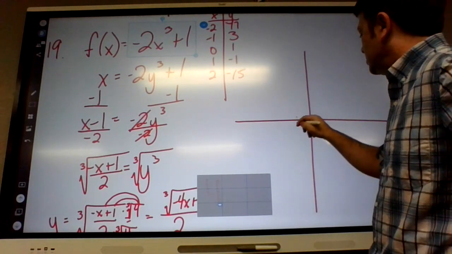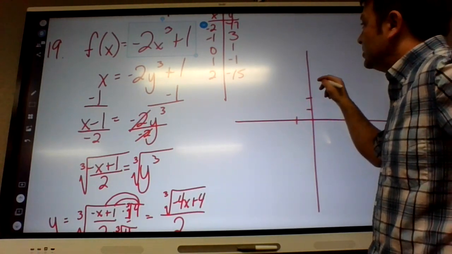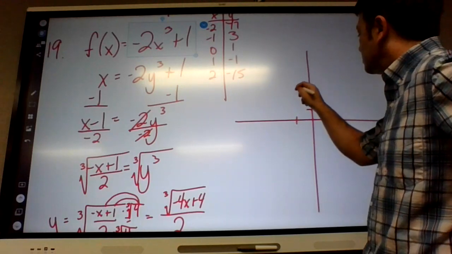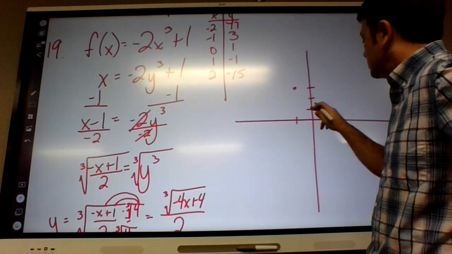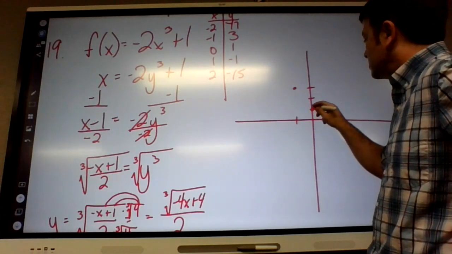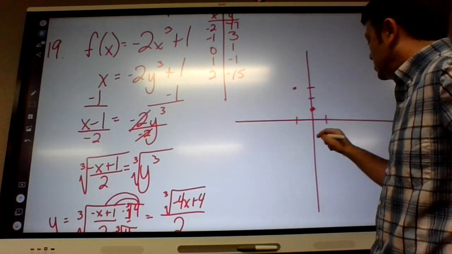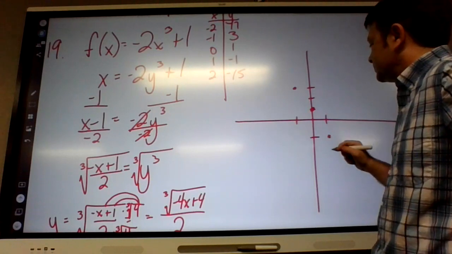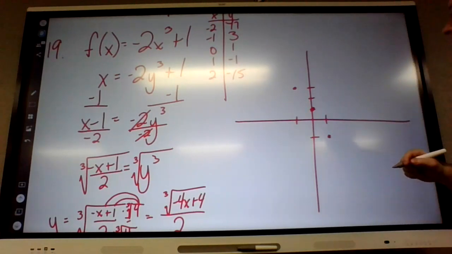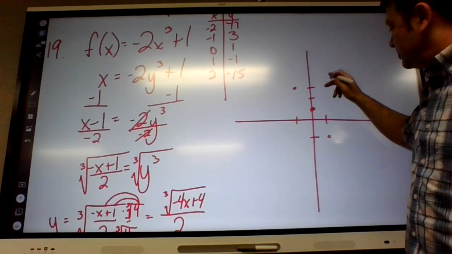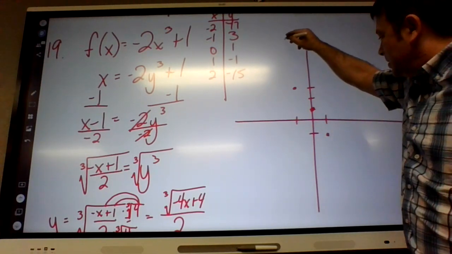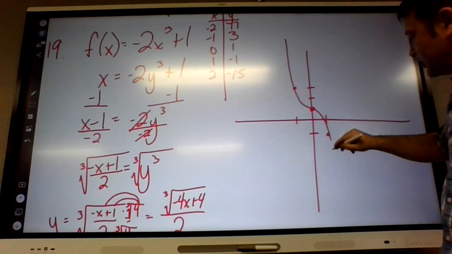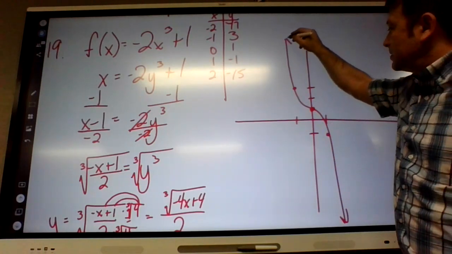So negative 1, 3, 0, 1, 1, negative 1. Okay, you might not know what's going on, but they get really big after that and are really small, so it just looks like that.